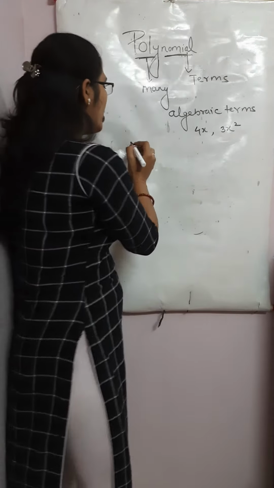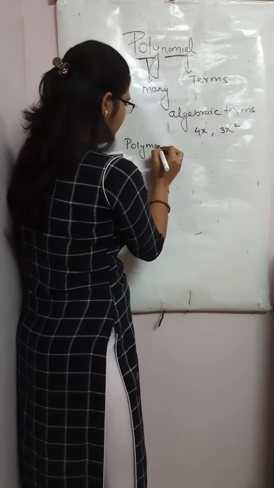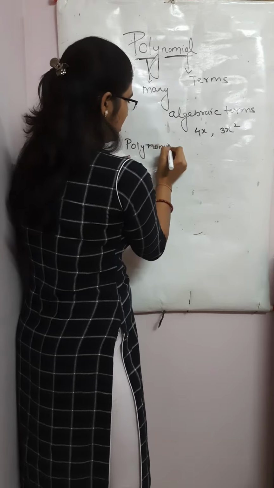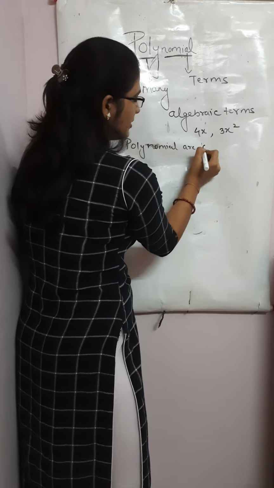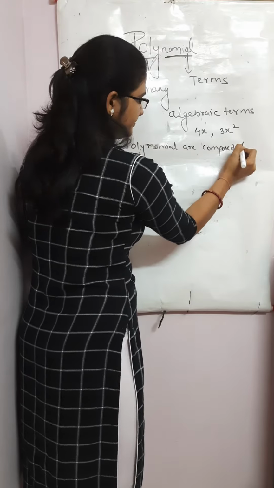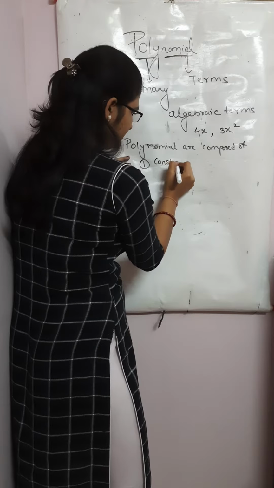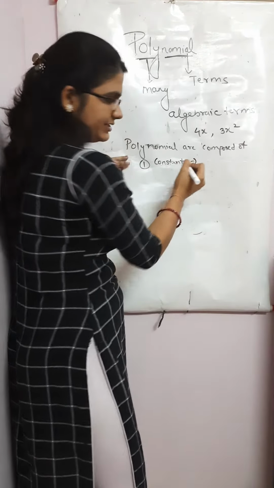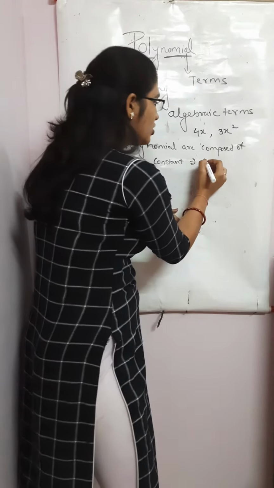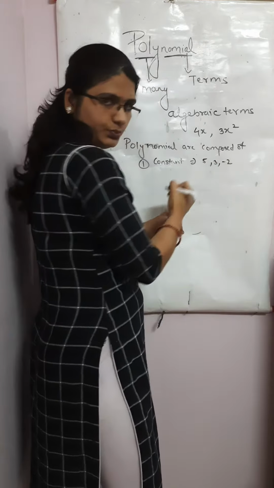Now, polynomials are composed of three things. First one is constant. Any single digit which is not used with variable is known as constant, like 5, 3, -2.